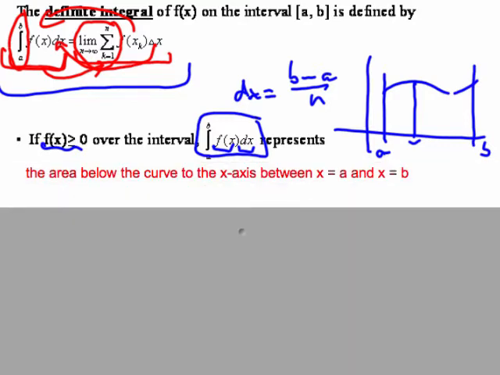So when you sum up these rectangles, you're going to get a positive quantity. So we recognize this process and this symbol as the area below the curve between x equals a and x equals b.